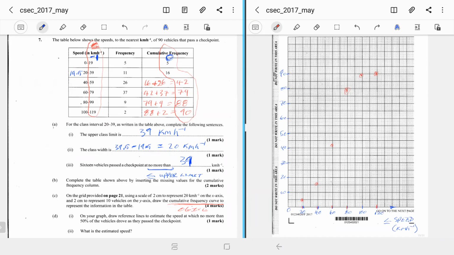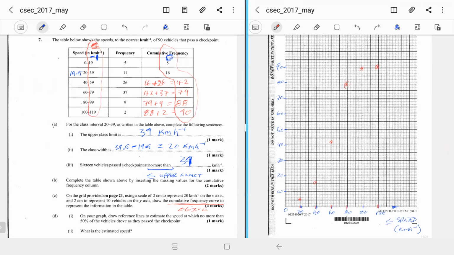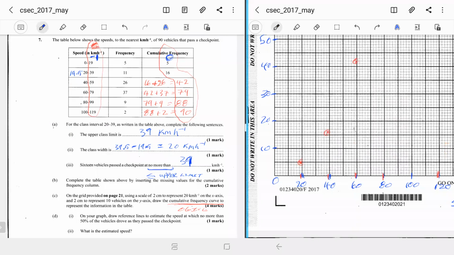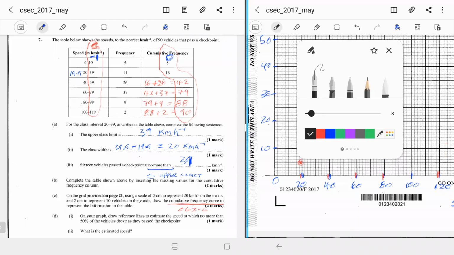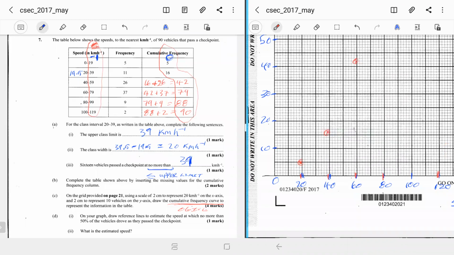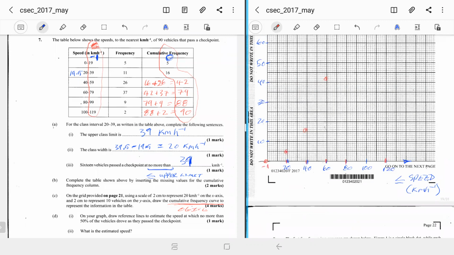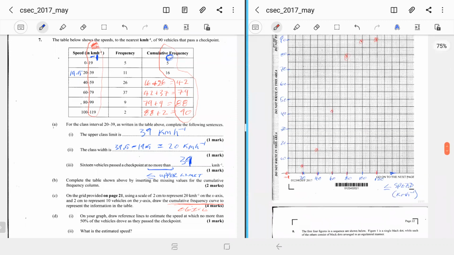Negative 1, 0. So if I extend this back, negative 1 would be right here. Frequency is 0. Let me erase this. That point will be negative 1. Then you draw the smooth curve through the points.